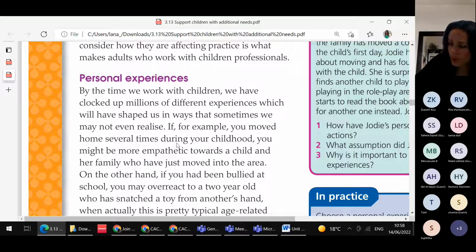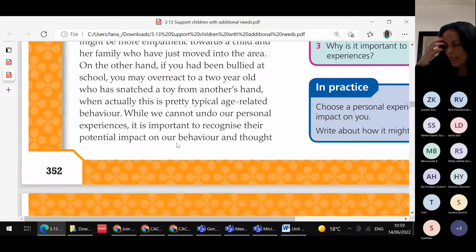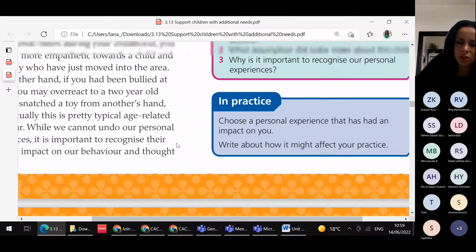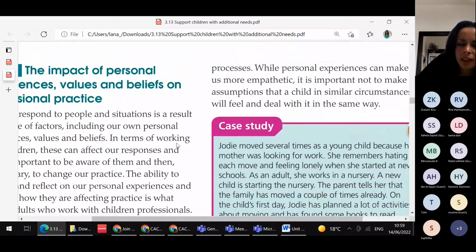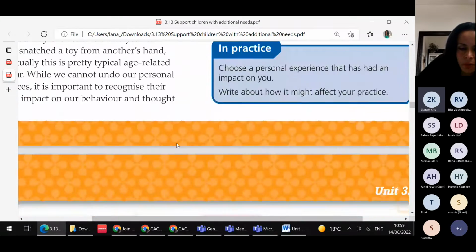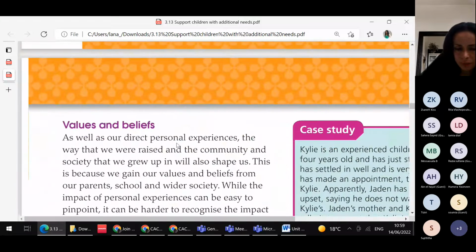For you, you might overreact, you might shout at this child just because he's bullying another child. So what we need to do, we need to monitor our behavior and think about the impact of our personal experience on the situation, and try to be empathetic towards the children and not make our past experience affect the way we feel about certain situations.